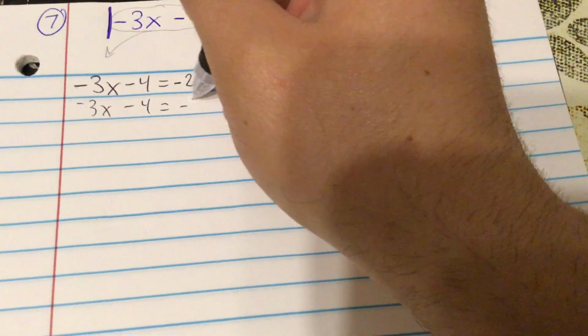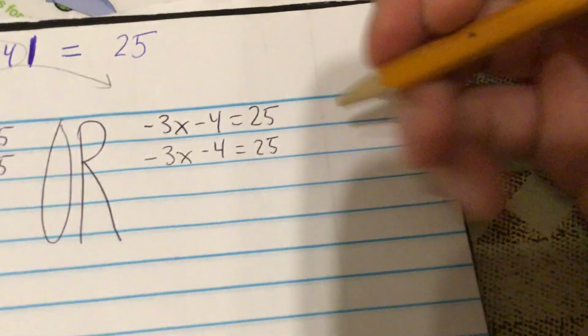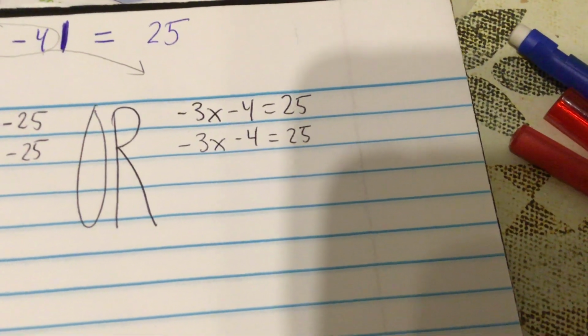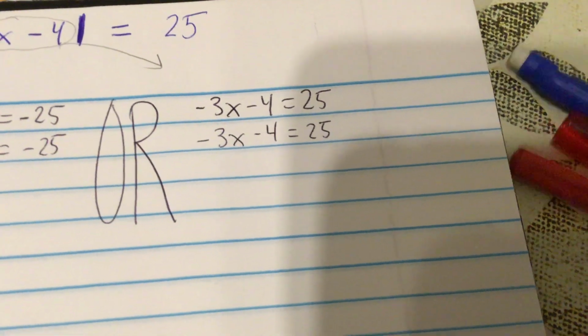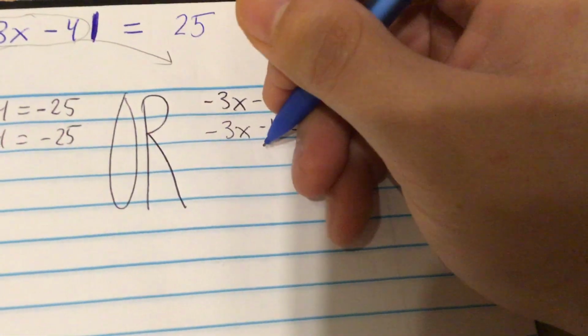Let's start with the right side since I'm a positive person. So, how do I undo the layers of x to solve negative 3x minus 4 is equal to 25? I'm going to add both sides by 4.